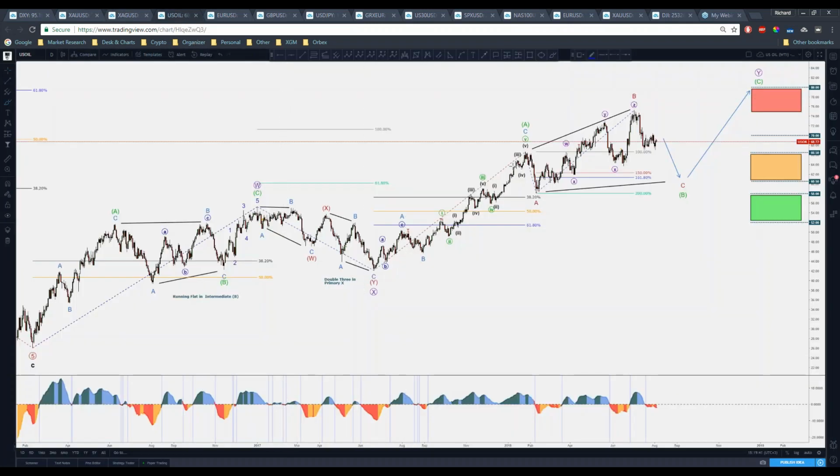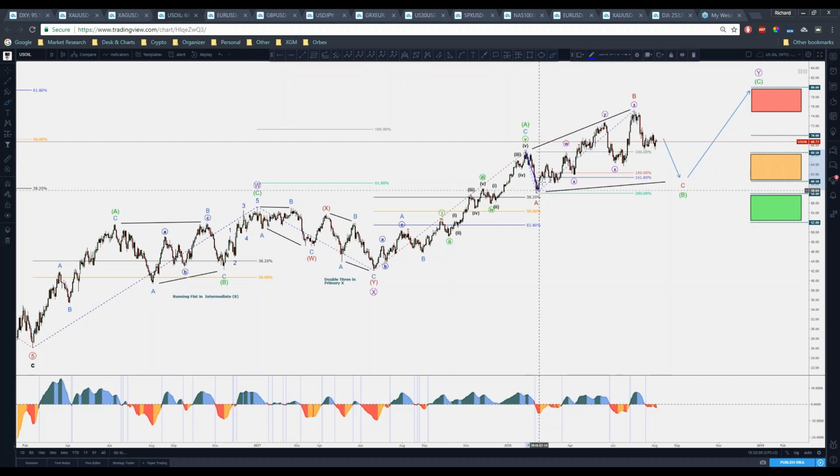As for crude oil, also on the daily time frame, I'm labeling this as a complex correction as well in W, X, and then A, with a very complicated structure in this B wave as well, green B intermediate.